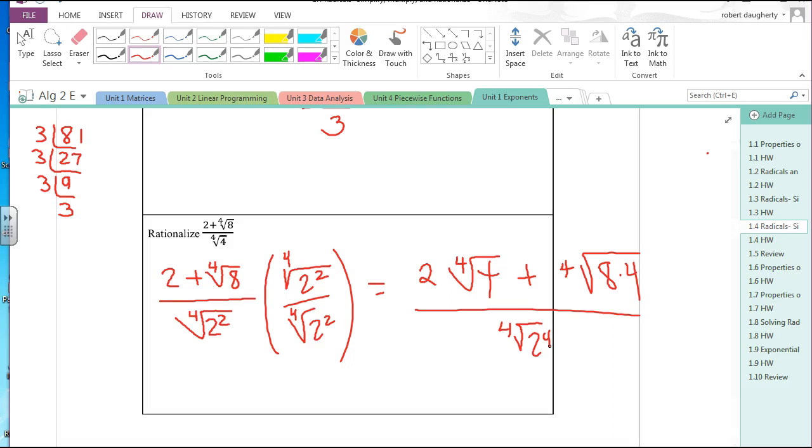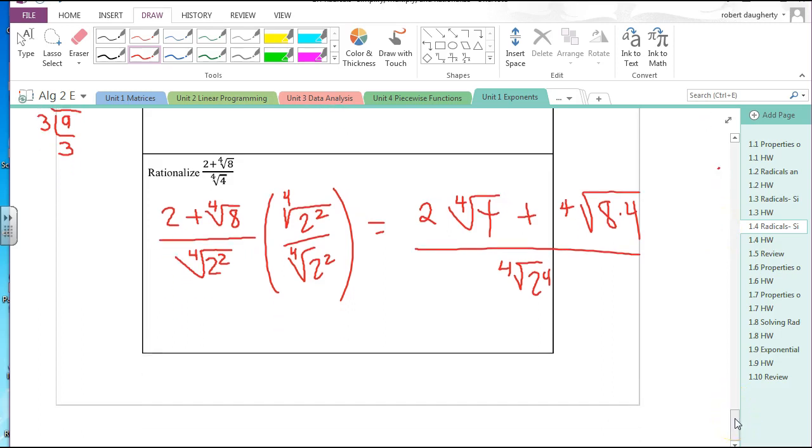The whole reason we did this was so that the denominator simplifies. So what do we have here? So we've got 2 times the 4th root of 4 plus, pardon me? And then I've got the 4th root of, what is that, 32? Divided by what? What's the 4th root of 2 to the 4th? 2. Okay.